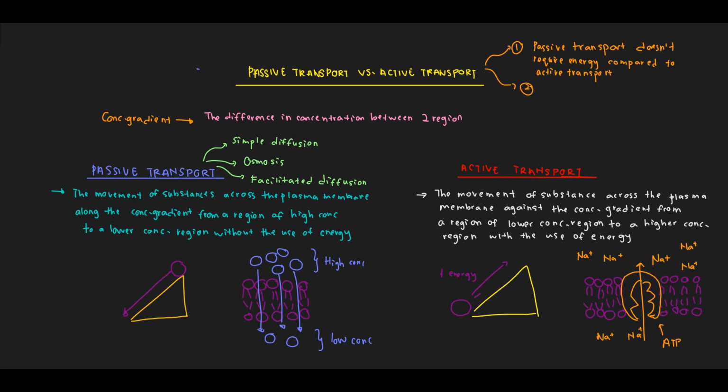Secondly, the movement of substance in passive transport is along the concentration gradient compared to active transport, which is against the concentration gradient. So those are the two differences that differentiate passive transport and active transport.